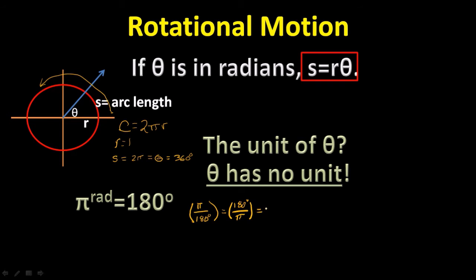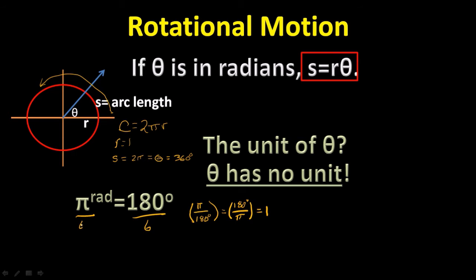They are the number 1, because anything divided by itself is the number 1. So it gives you a nice little conversion factor to compare degrees and radians. Okay, so for example, 90 degrees is pi over 2 radians, 45 degrees is pi over 4 radians. 30 degrees is pi over 6 radians because it's 180 divided by 6, so it's pi divided by 6.